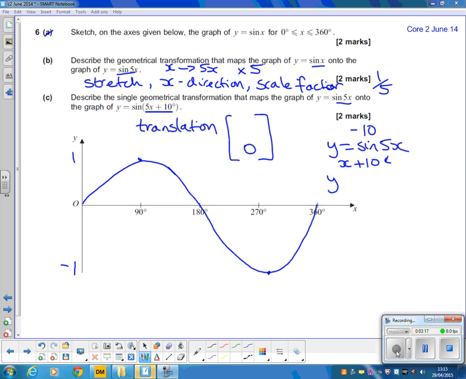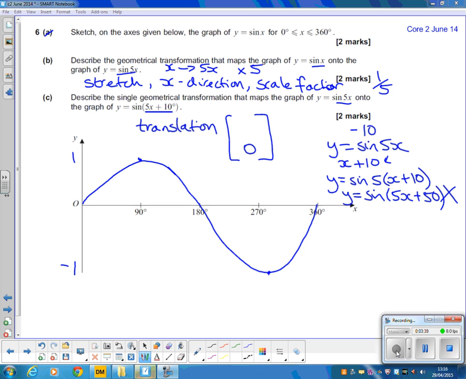So let's do that. So we get y equals sine 5 times (x plus 10). The x was multiplied by 5, so the x plus 10 must be multiplied by 5. And that would give us y equals sine 5x plus 50. Well, that's not right. That's not what we had.